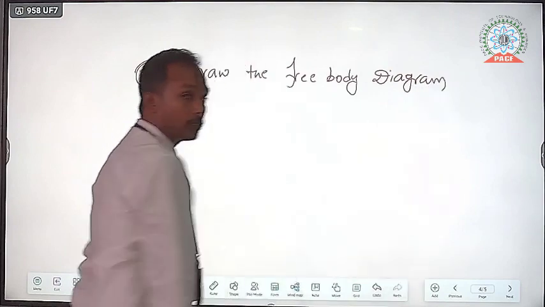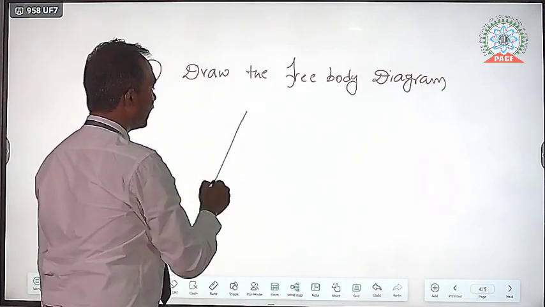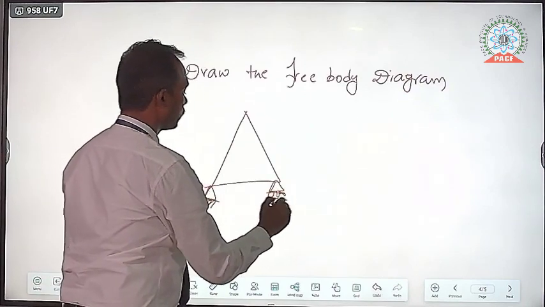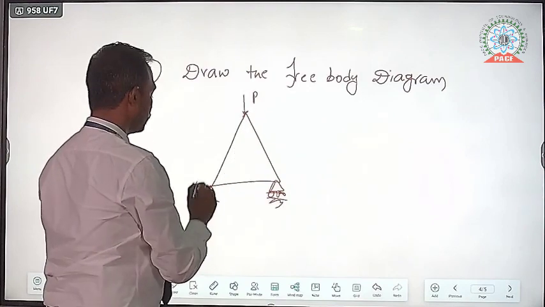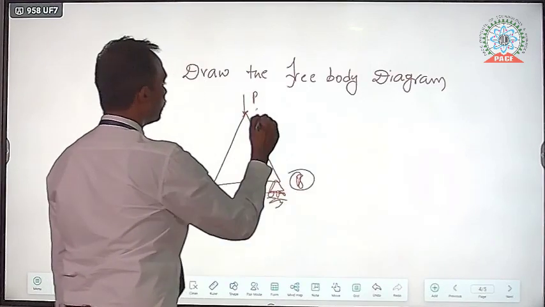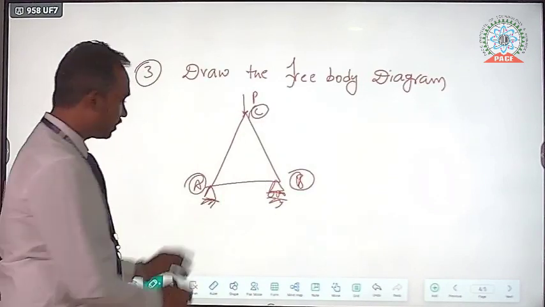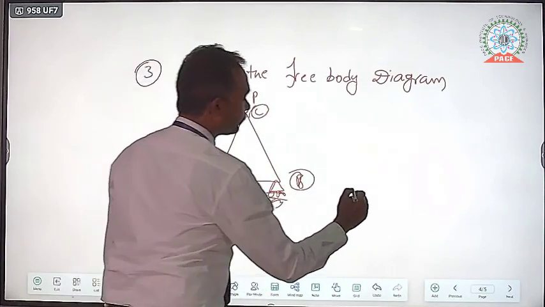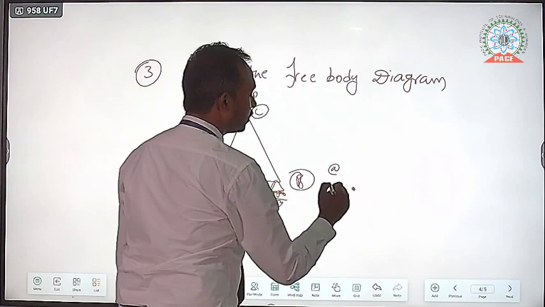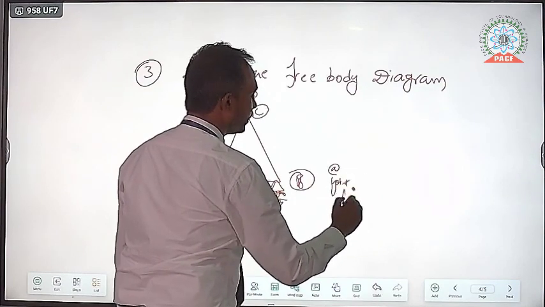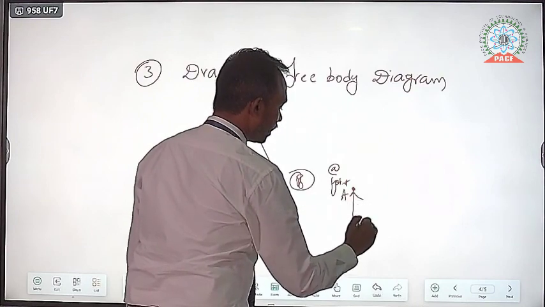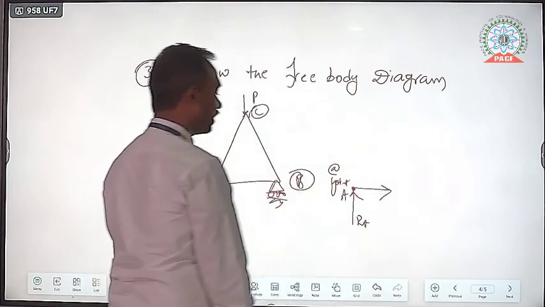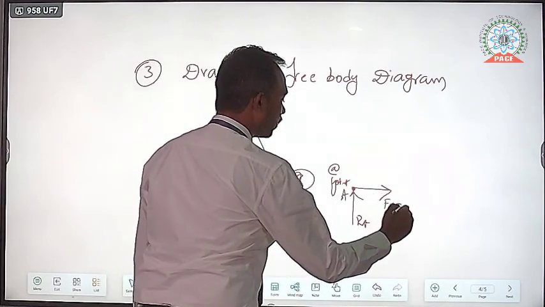Let us take a truss like this, and the force is acting like this, A, B, C. If you want to draw the free body diagram at this joint A, look here, the vertical reaction RA at joint A, and the force in the member, that is FAB, and the inclination, this is theta.